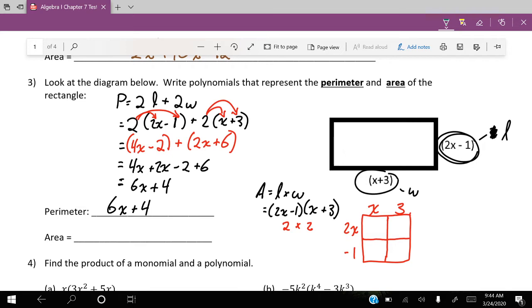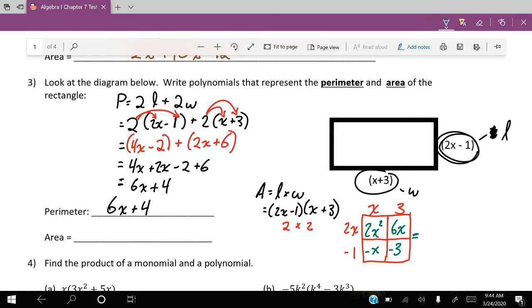And now I'm going to multiply these. So 2x times x is 2x squared. 2x times 3 is 6x. Negative 1 times x is negative x. And negative 1 times 3 is negative 3.